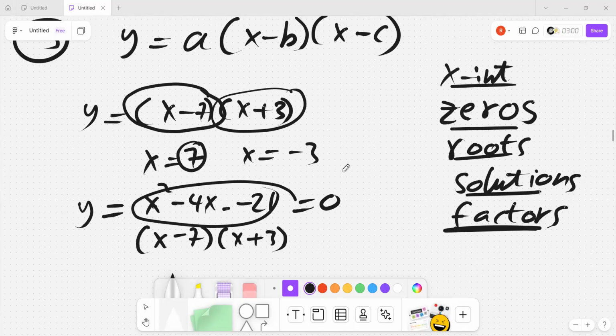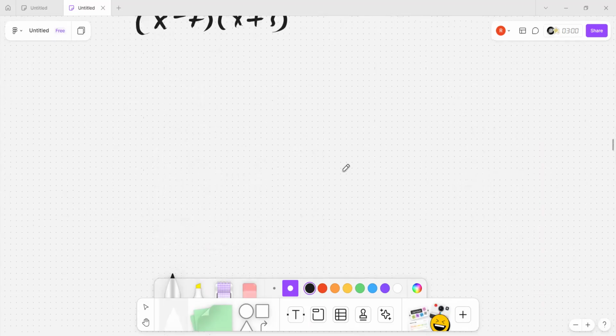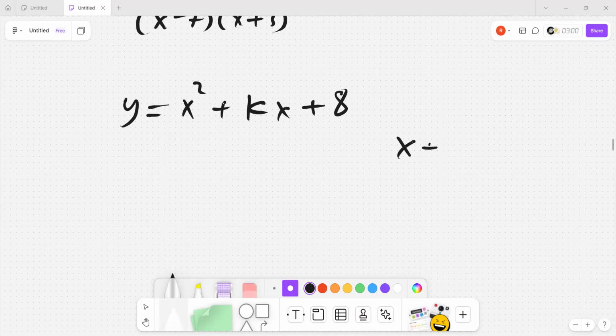Let's say, for example, y equal x squared plus kx plus 8, and I said that x plus 1 is a factor of this equation.